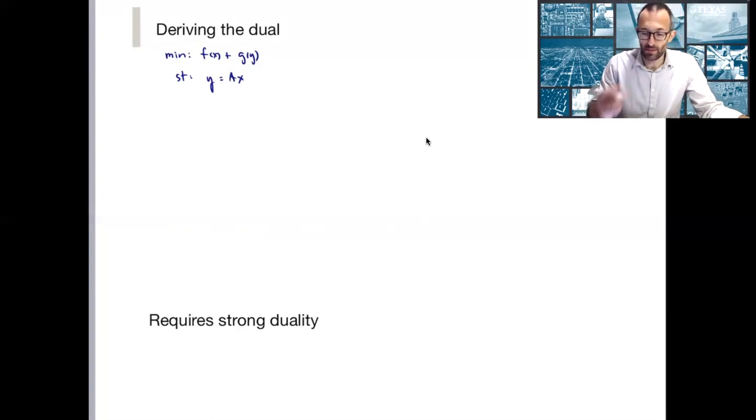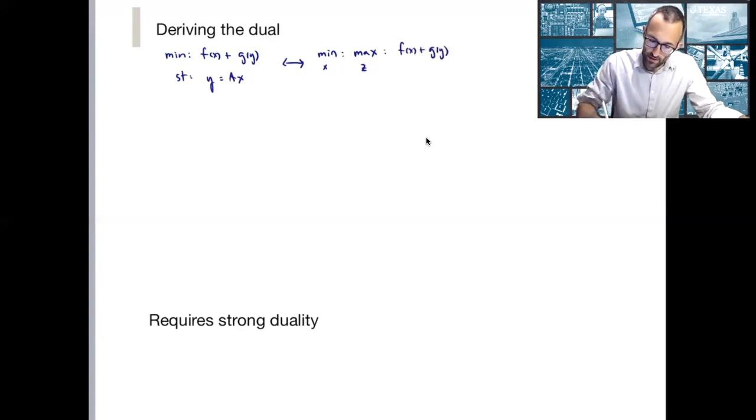Then we're going to dualize the constraint. What that means is I'm going to write this as a min-max problem. This is certainly equivalent to the problem of minimizing over x, maximizing over z, where z is unconstrained, f of x plus g of y plus z times Ax minus y.